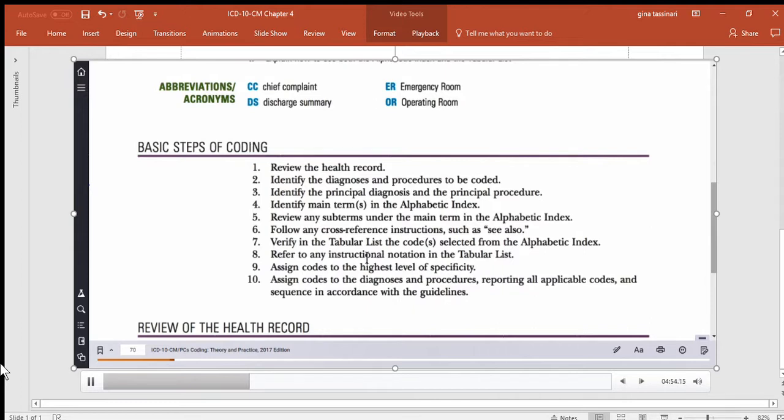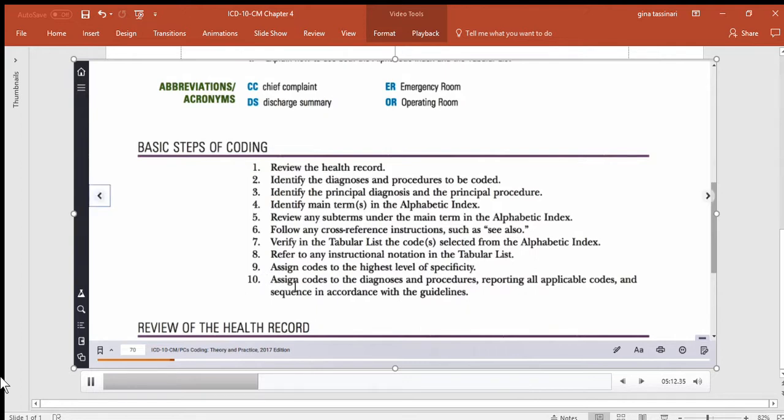That is all in your tabular section. So you will always choose your final code from your tabular section after you have fully researched all of those scenarios and all of those additional codes and notes that would be there.